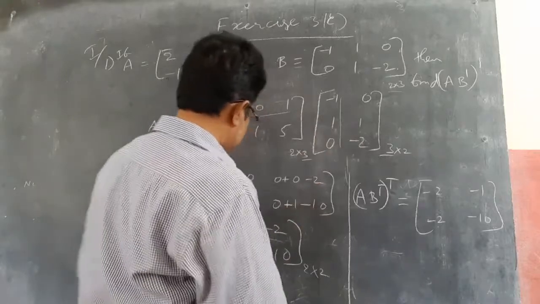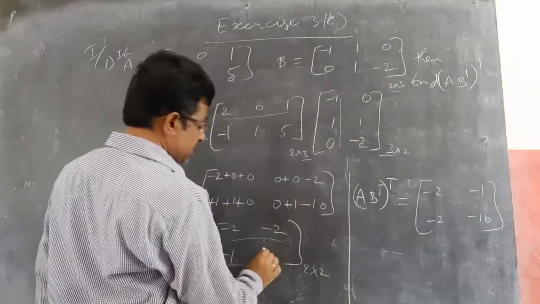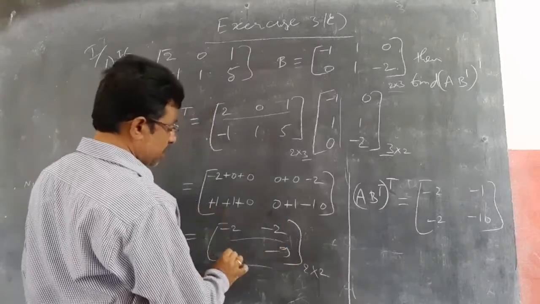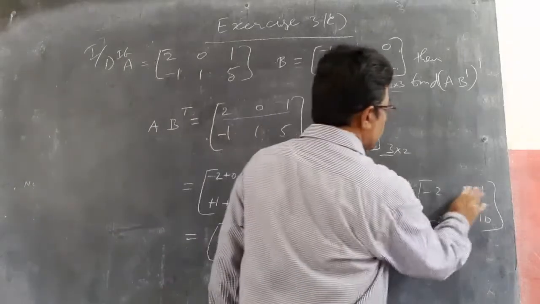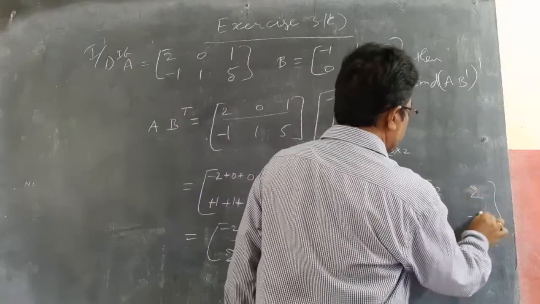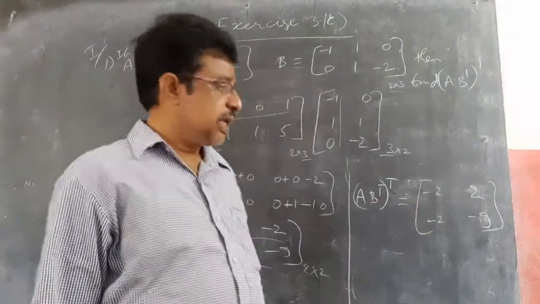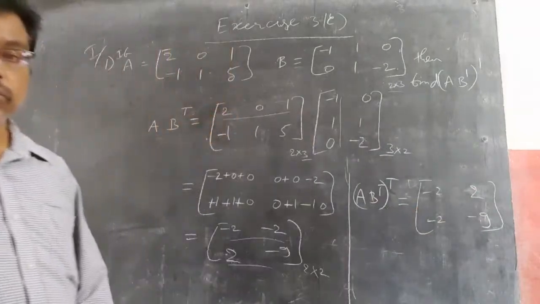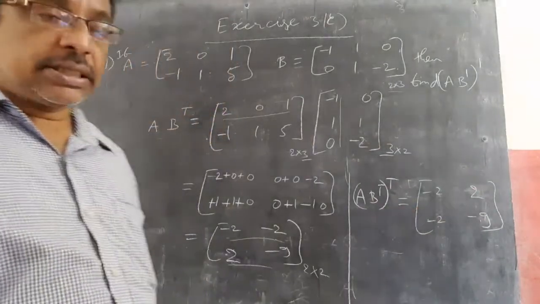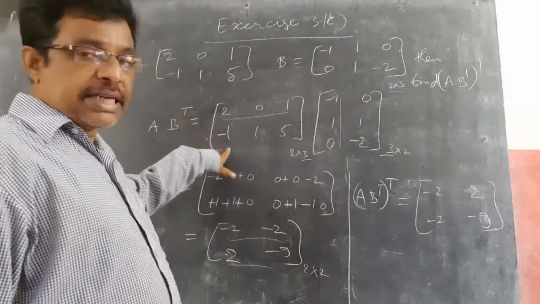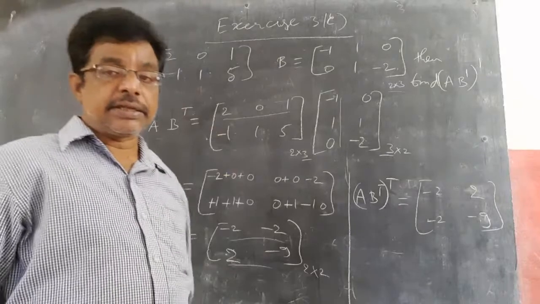So this becomes minus 1 minus 10 is minus 9, and this is minus 1 plus 2, so this becomes plus 2. So (AB transpose) whole transpose is minus 2, 2, minus 2, minus 9. Here actually it is minus 1, I copied it as plus 1. Cross check it. Okay.